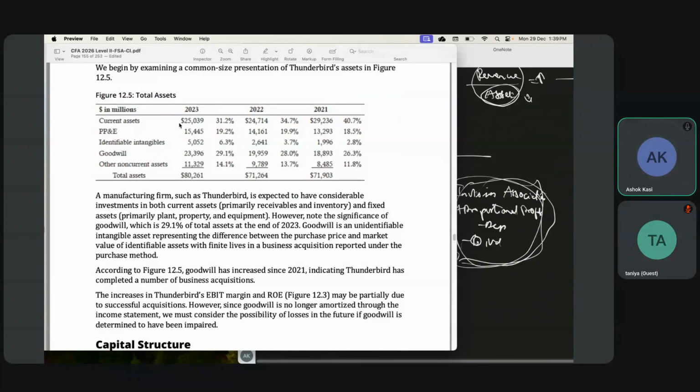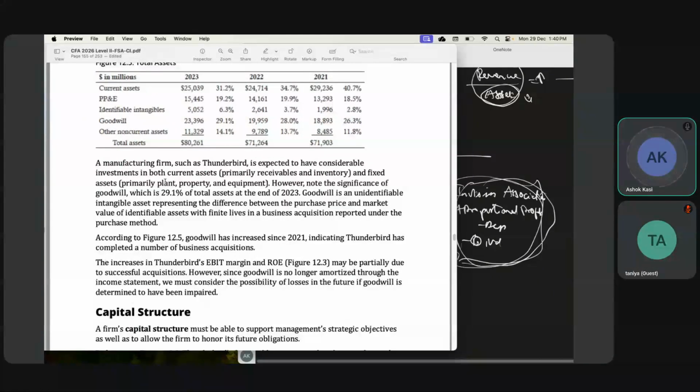So now what do we find out over here? Current assets were 40.7% before, now 34, now 31. So current assets are coming down. Property, plant and equipment is more or less the same. Identifiable intangibles are increasing. Goodwill is also increasing. Other non-current assets are also increasing.